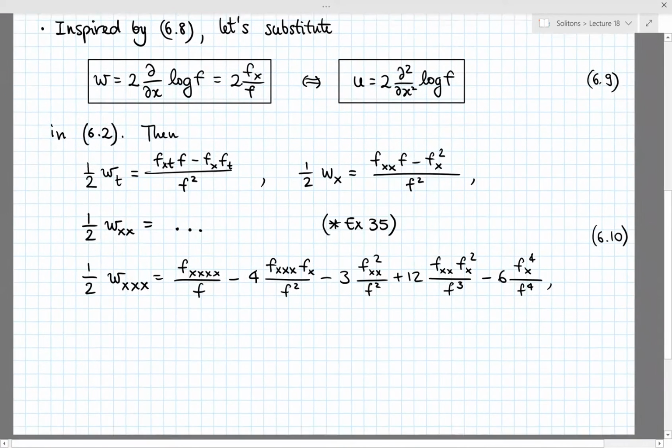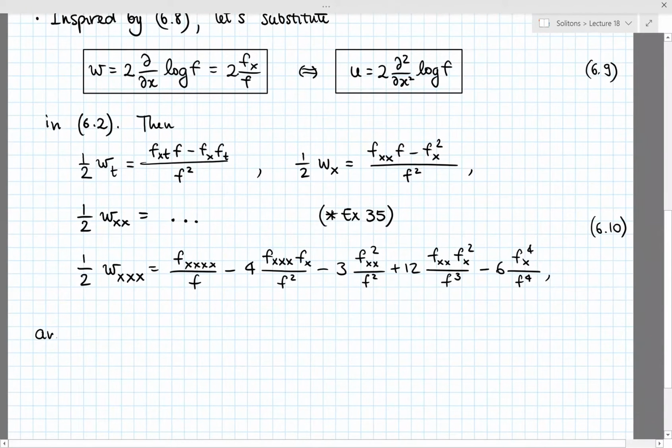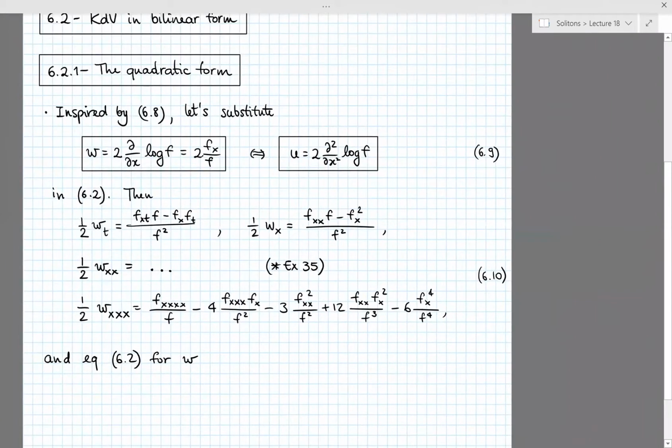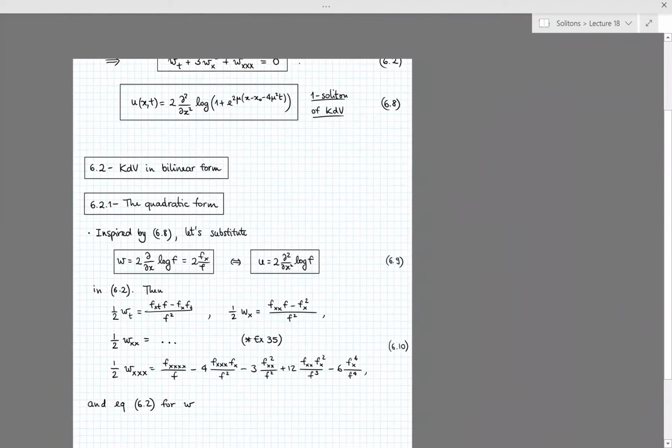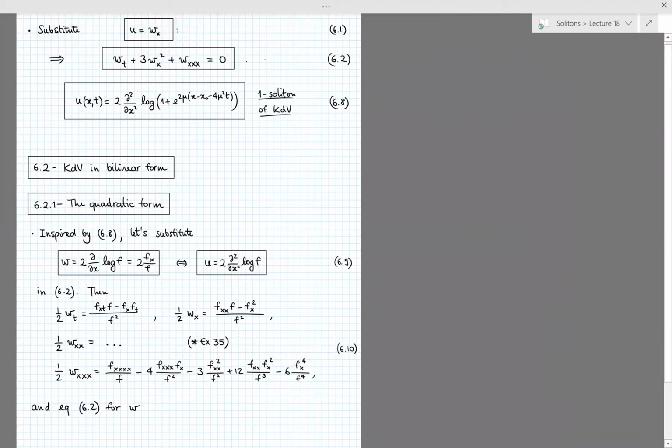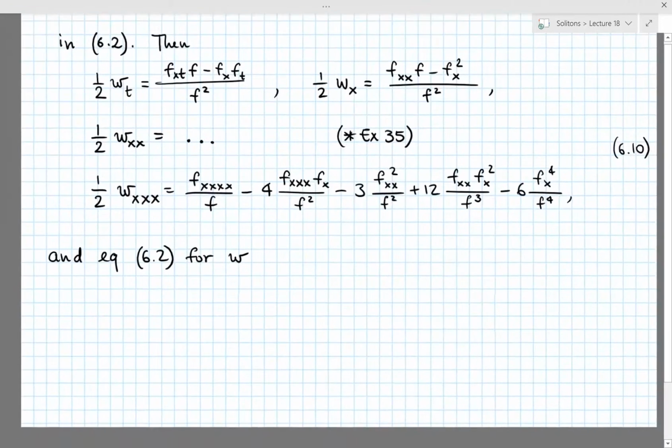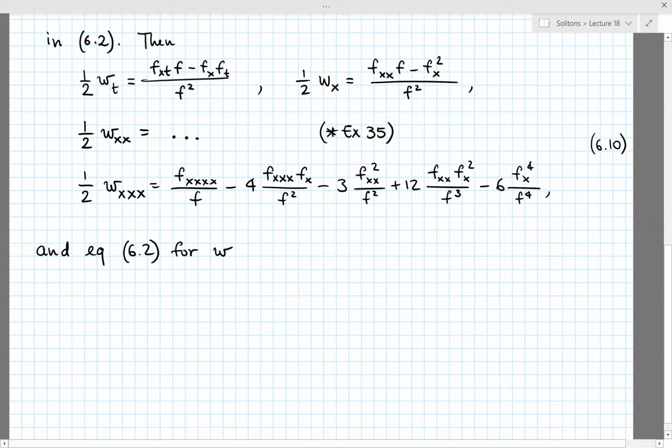And when you do that, then equation 6.2 for w, which I remind is this equation here, becomes the following equation for f.